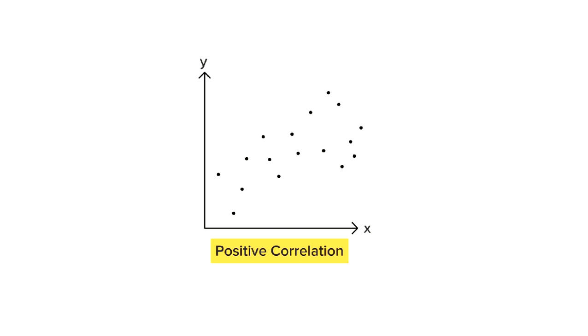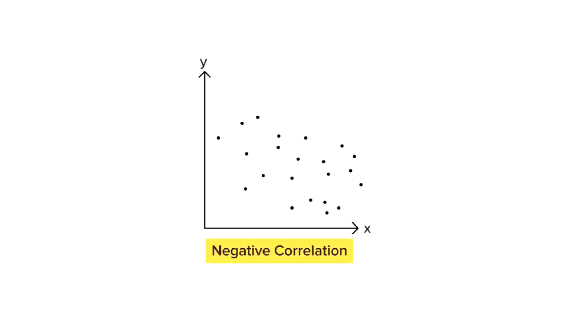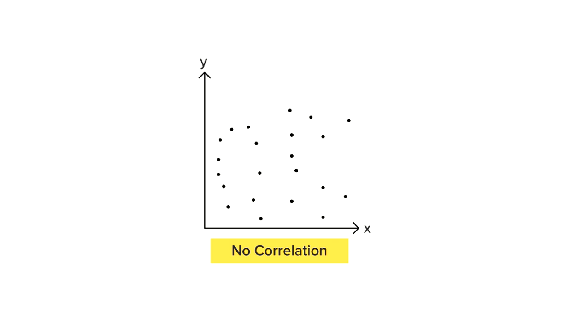A positive correlation means that if one variable increases, the other increases too, while a negative correlation means that with an increase in the value of one variable, the other variable decreases, while a zero correlation means that changes in one variable with respect to the other variable are random and there is no pattern.